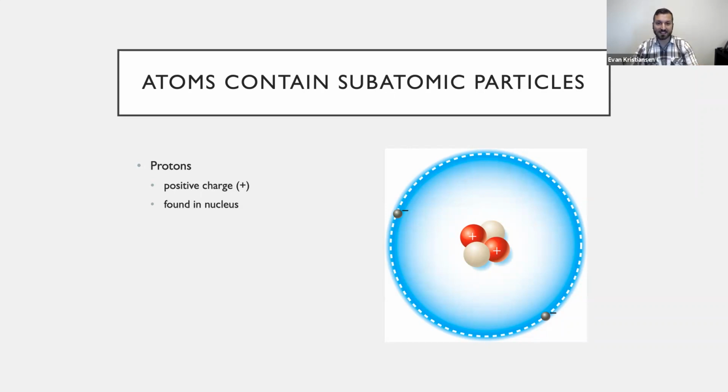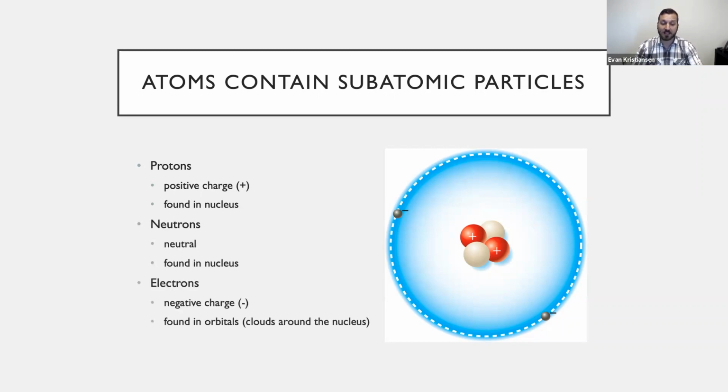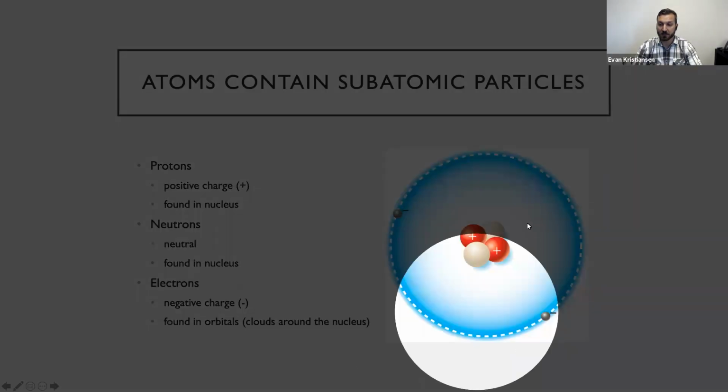Okay, so what is an atom? Well, an atom is composed itself of subatomic particles. These are protons, which have a positive charge, neutrons, which have no charge whatsoever, and electrons, which have a negative charge. The protons and the neutrons are found in the nucleus here in the center of this blue image.